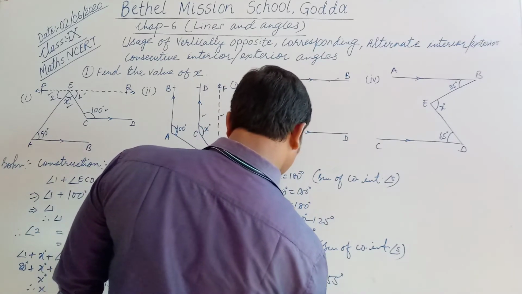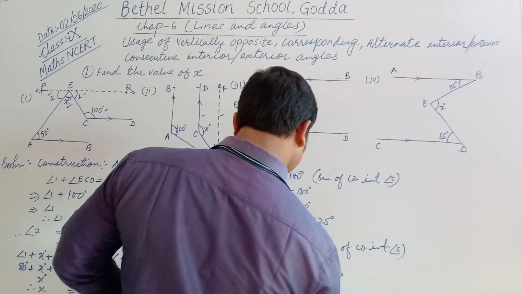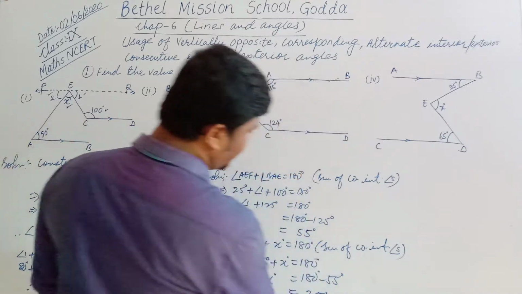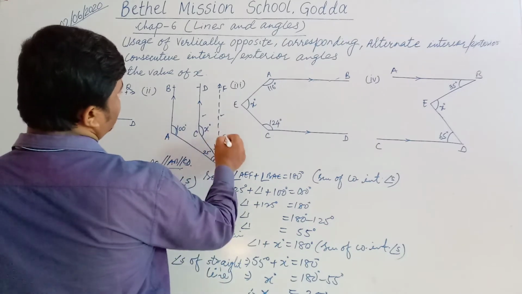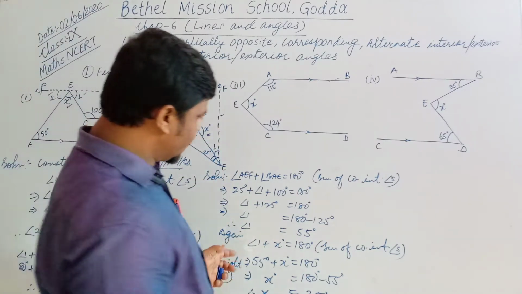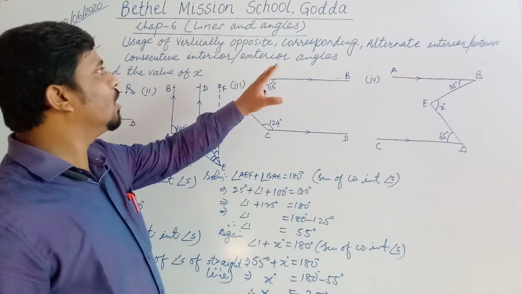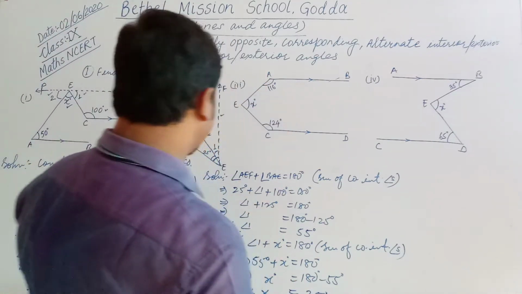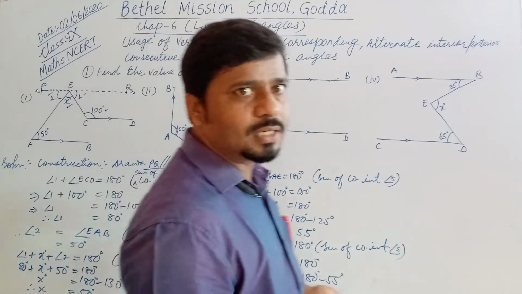Therefore, x equal to 125 degrees. So the value of x we got is 125 degrees. So you can see we are using all these properties related to the parallel lines and the transversal.